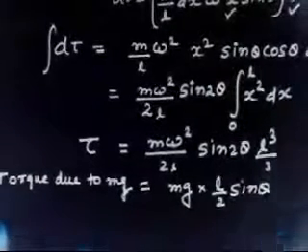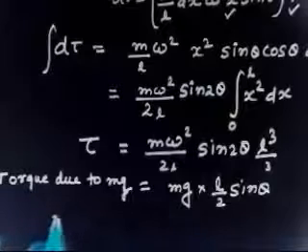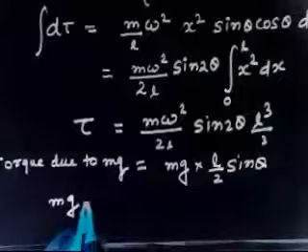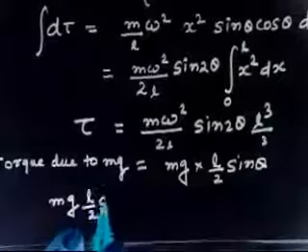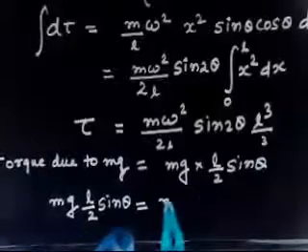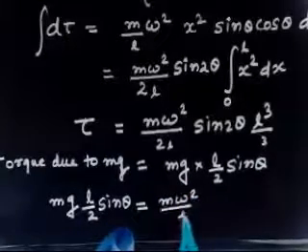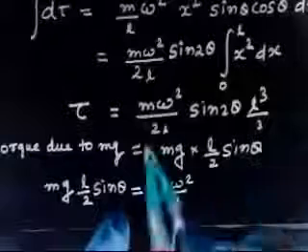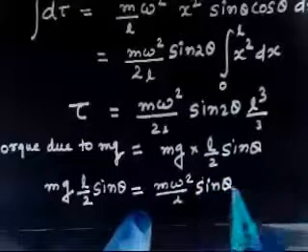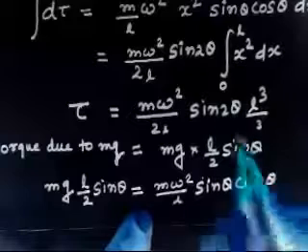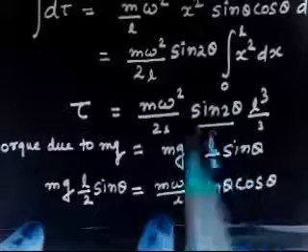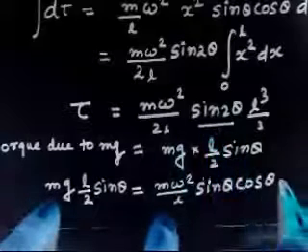So at equilibrium, these two torques have to be equal. So if I equate these two torques, mg into L by 2 sin theta equals m omega square by 2L. Let us put sin 2 theta as 2 sin theta cos theta, so the 2 goes out, and I can cancel this one, sin theta cos theta, L cube by 3.